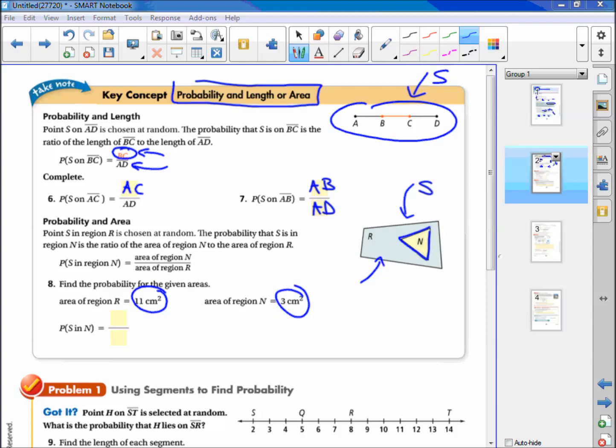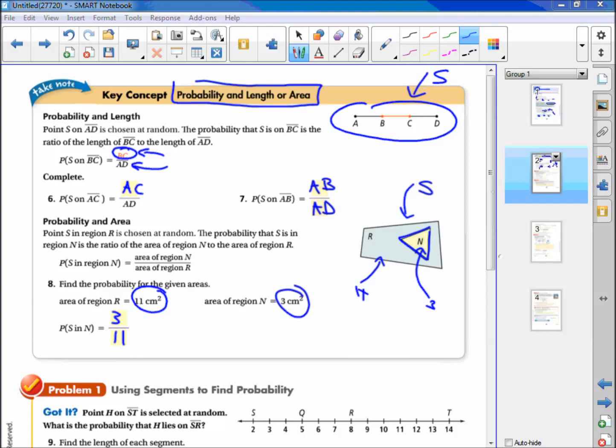The area of the whole thing is 11, and the area of this part is 3. So what's the probability that S will be in N? Well, N is 3, and the whole thing is 11, so 3/11.